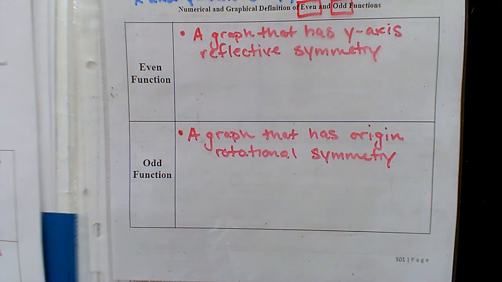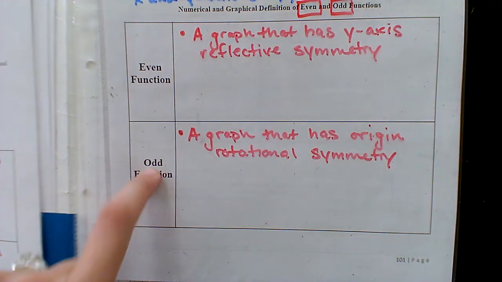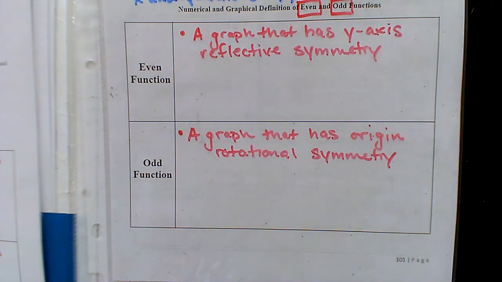So instead of classifying the symmetry as y-axis reflective, origin rotational, you can simply say even or odd. Okay, it's a different way of classifying it. The way I remember it is odd begins with O and origin begins with O. So origin, odd, they're connected. That's how you can remember the classifying.